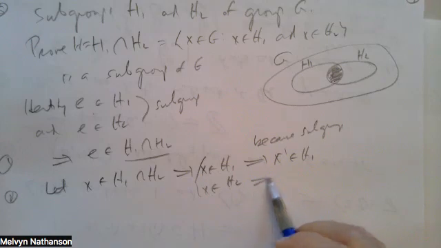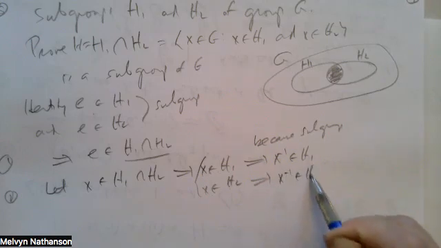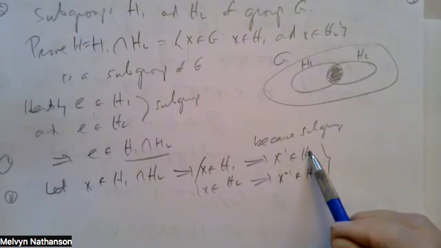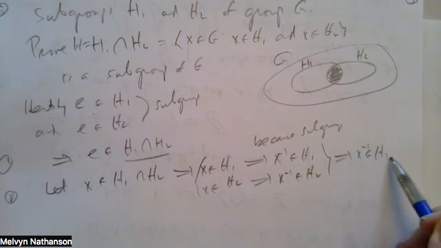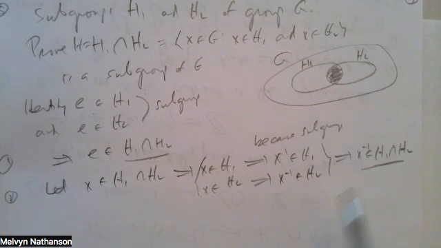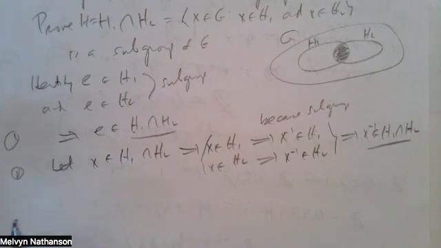Similarly, x is in H2 implies x inverse is in H2. But if x inverse is in both of these sets, then x inverse is in the intersection. So this intersection is closed under the operation of taking inverses.